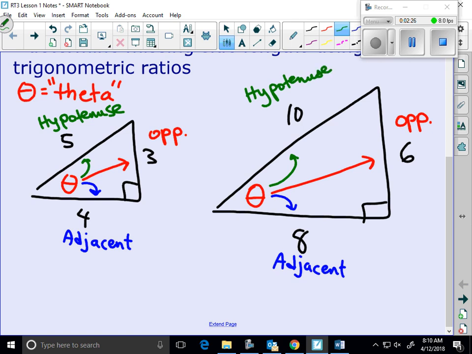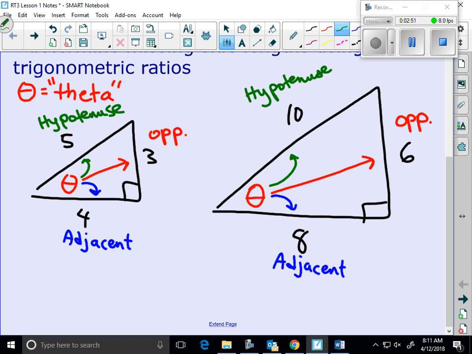Like the 10 and the 5, they're called the hypotenuse. So we have 3 side lengths that we're going to reference in pretty much every problem. We're going to call them the opposite, adjacent, and hypotenuse. Okay, the opposite is always across from the angle. The adjacent is always right next to it, and the hypotenuse is always the longest side.